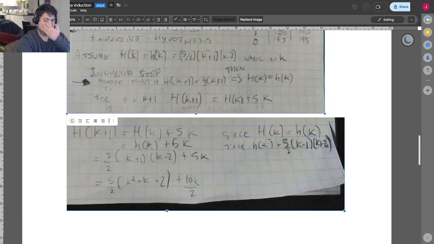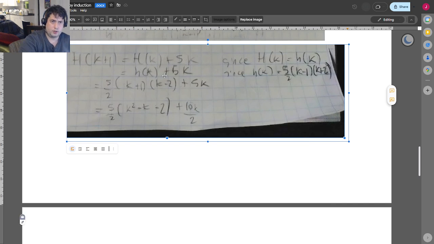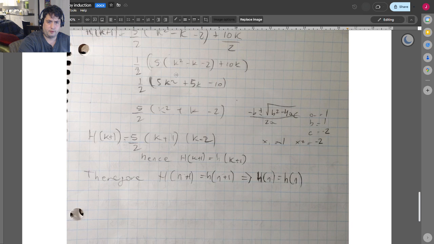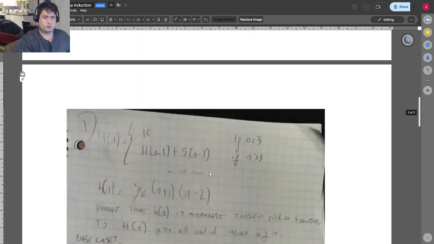And then doing some algebraic calculation, which I'm not going to go over, we can find that h of k plus 1 is equal to this, which is the same as the equation that we were given at the beginning of the exercise.